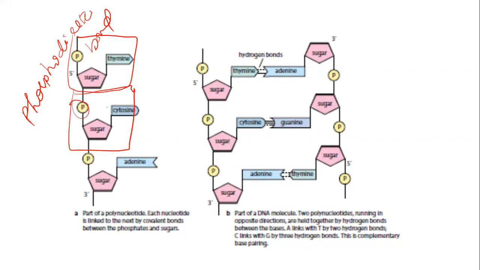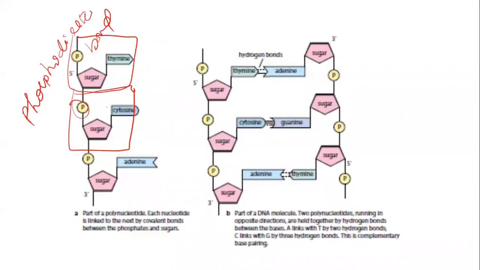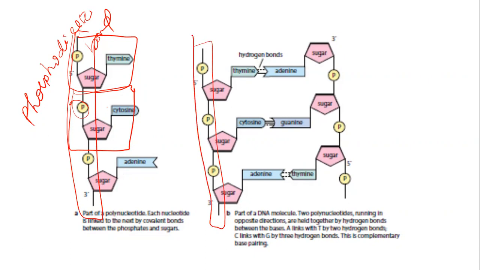And after that, they will keep on arranging on top of each other to give you a polynucleotide. And this entire structure at the back, all together, if I give it one name, I call it a sugar phosphate backbone. So this is the backbone of the DNA. And what is the sugar phosphate backbone made up of?